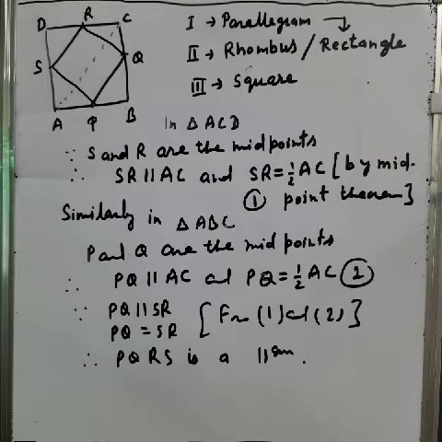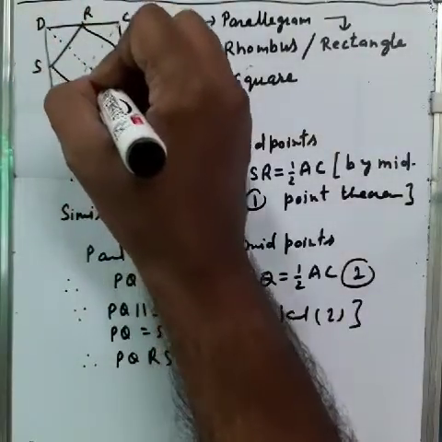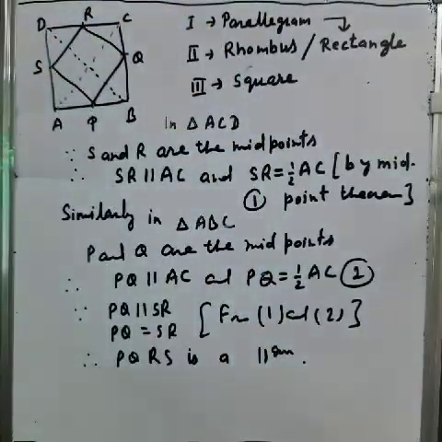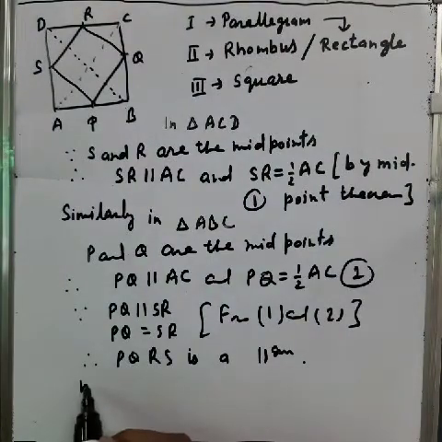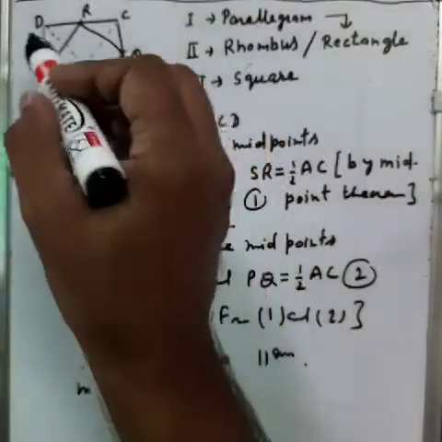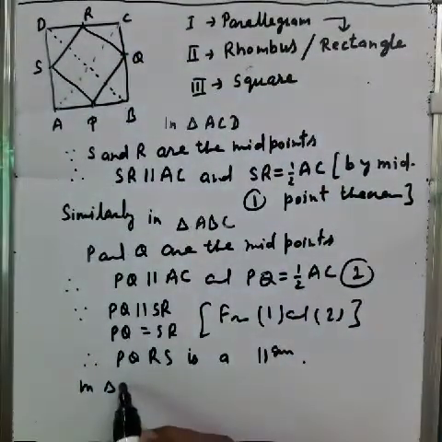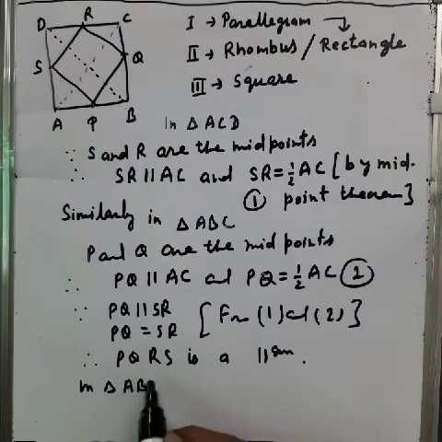Now we have to prove it as a square. So for now we have to prove it as a rhombus also. So what we do, we will take one more triangle, join this, and write down in triangle ABD, or you can take BCD, anyone. So I am taking triangle ABD.